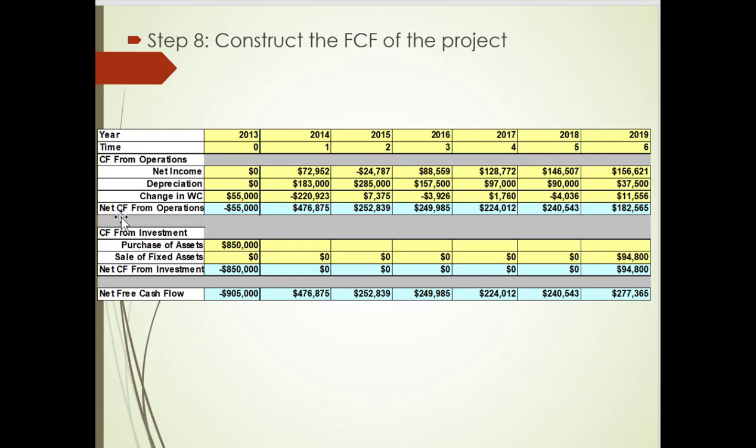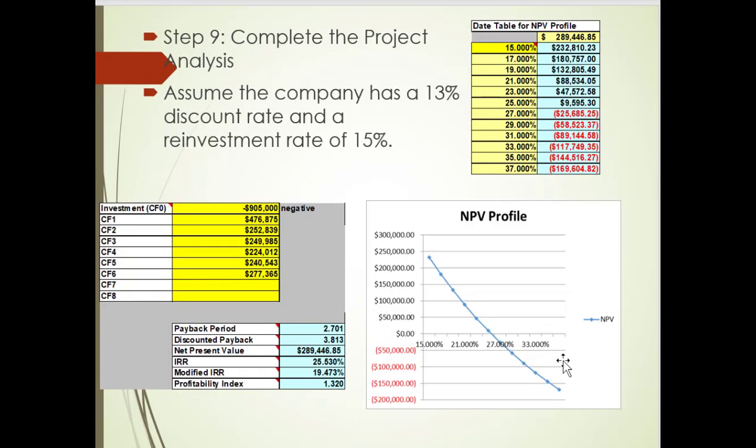So the net cash flow from operations is this line right here. Add to that the cash flow from investment. And here we have our net free cash flow for this company. So this reveals then from this project, this is our timeline. These are the cash flows that we expect to get from this particular project.